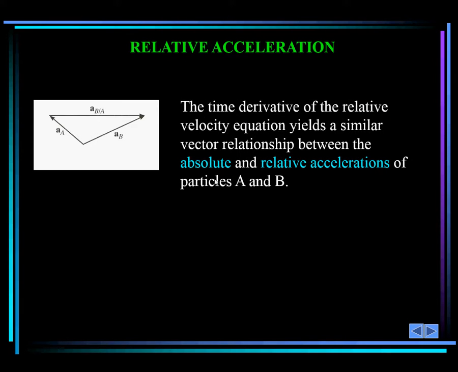Therefore, the acceleration of A and the acceleration of B can produce a relative acceleration of B with respect to A if you subtract the acceleration of B minus the acceleration of A. So the acceleration of B with respect to A is the acceleration of B minus the acceleration of A.